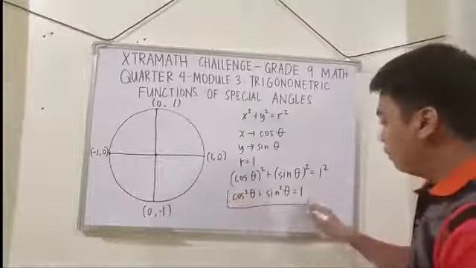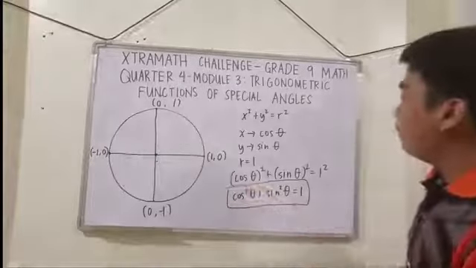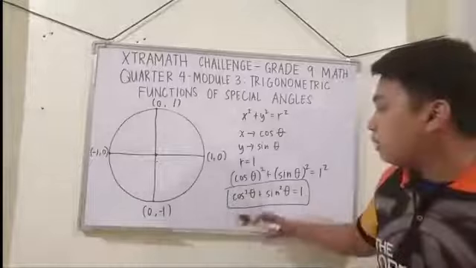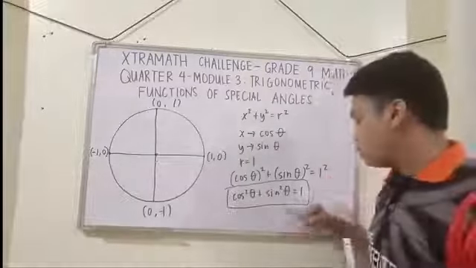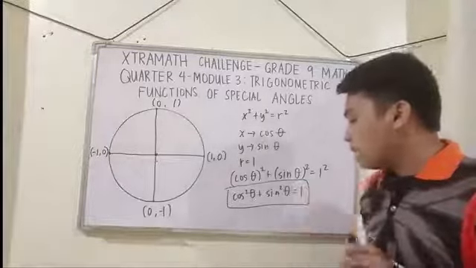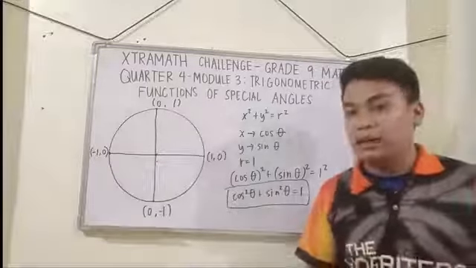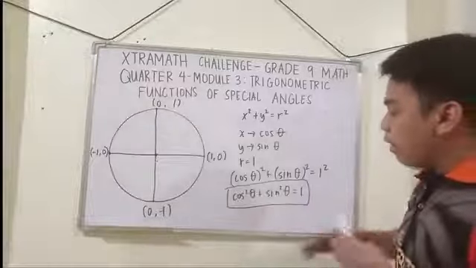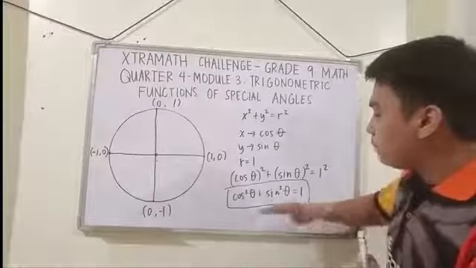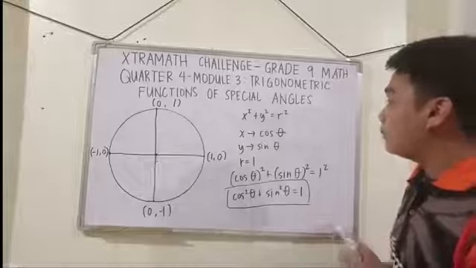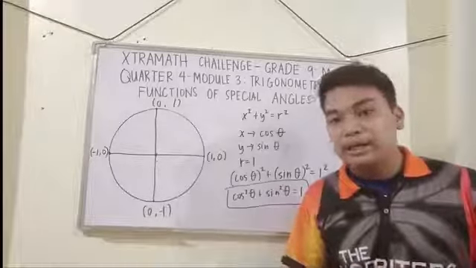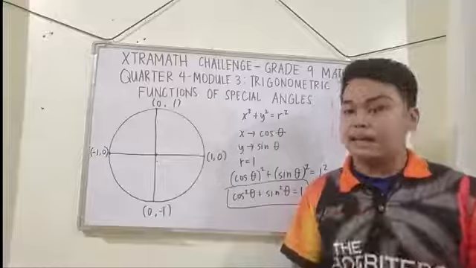So, we have a trigonometric identity: cosine squared theta plus sine squared theta is equal to 1. We are going to use this to find the trigonometric functions of the special angles 30, 45, and 60.